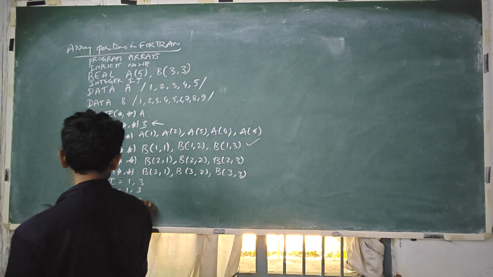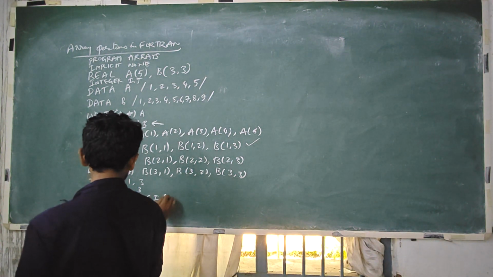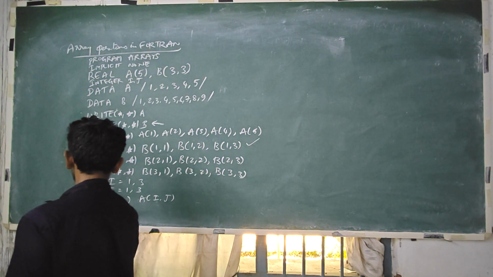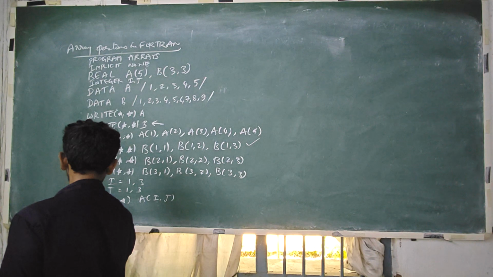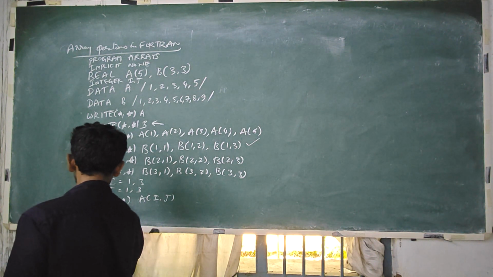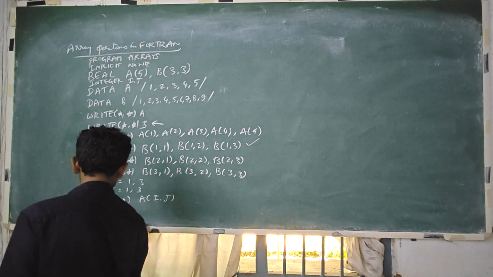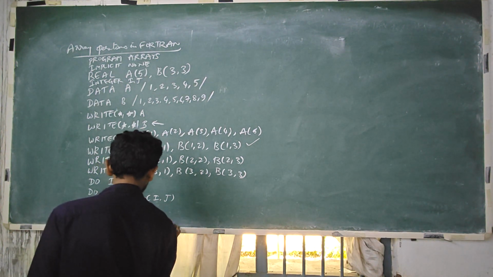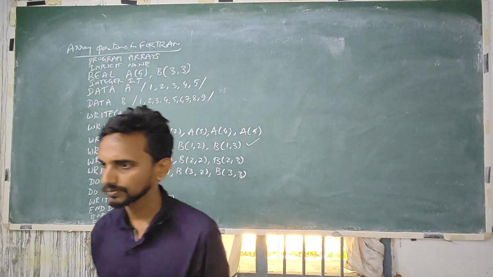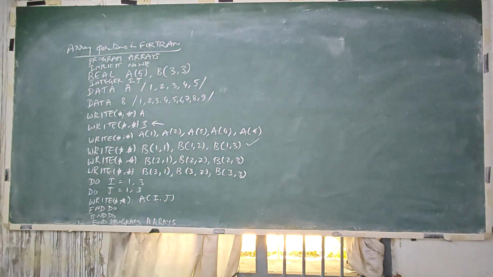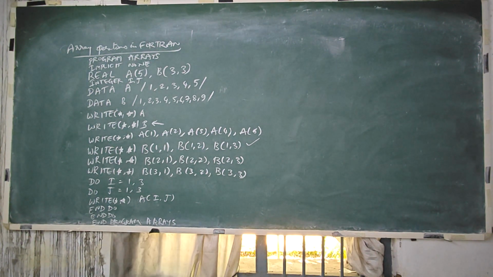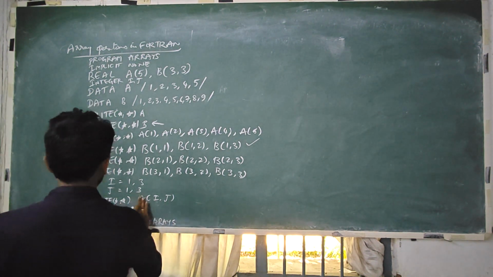Write star comma star, B of I comma j, end do. End do. End program arrays. This is Bij.